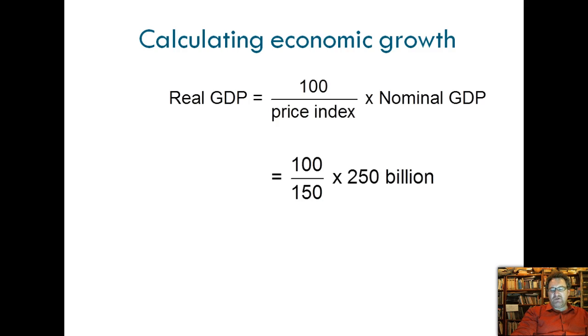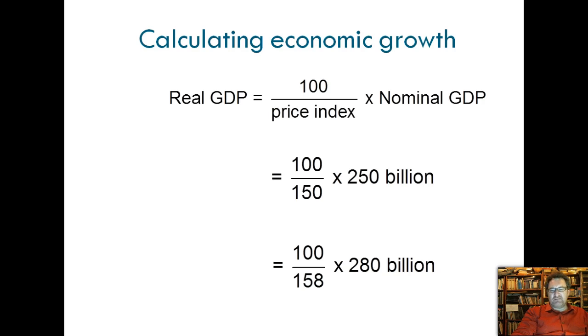So let's say the nominal GDP is 250 billion. The base year for the price index, of course, is 100. But for our year, the price index is now up to 150. So we can rewrite.